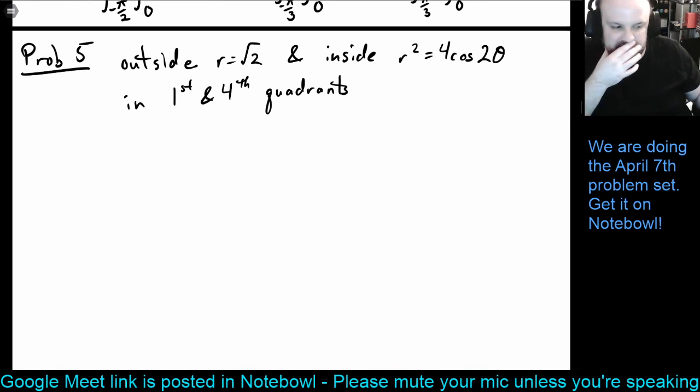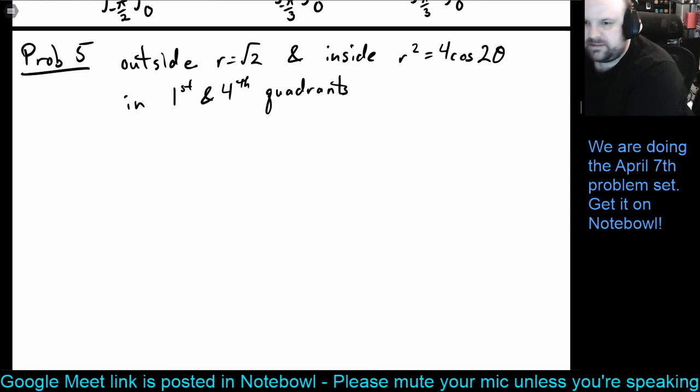Let's plot this real quick in Mathematica here. Actually we need a polar plot. So here we have square root of 2. And we have r squared, so we actually need to write this one in 2 parts.